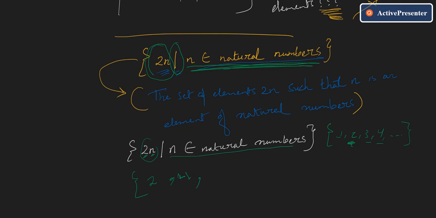The third element, 3 multiplied by 2, it should be 6. Fourth element, 4 multiplied by 2, so it is what? 8, and so on.